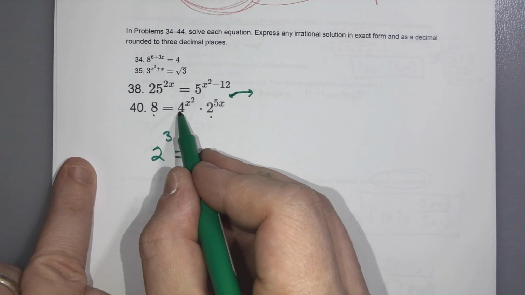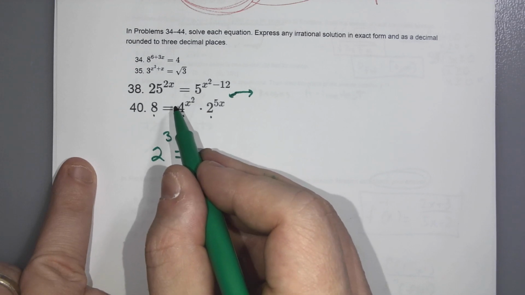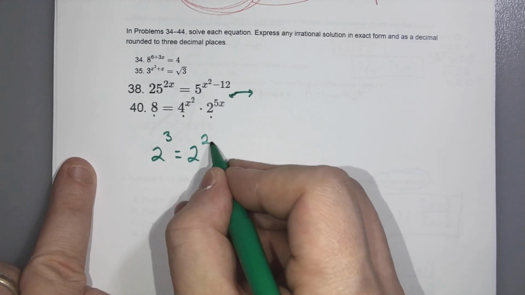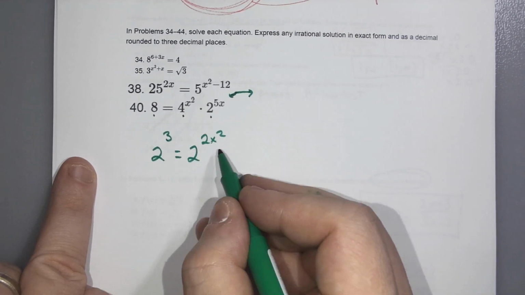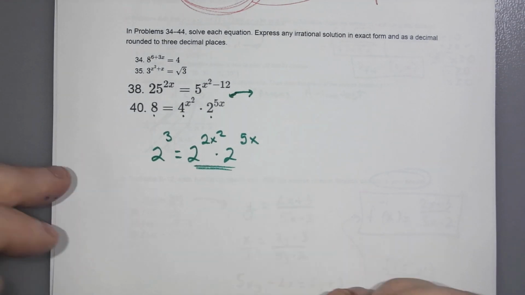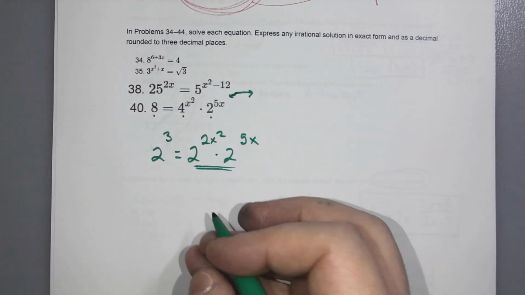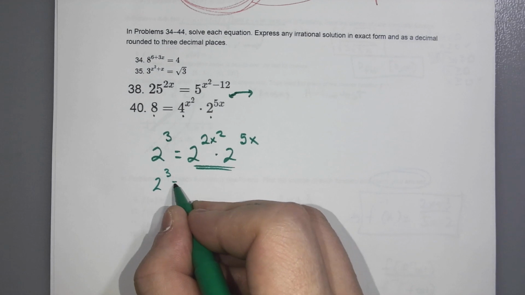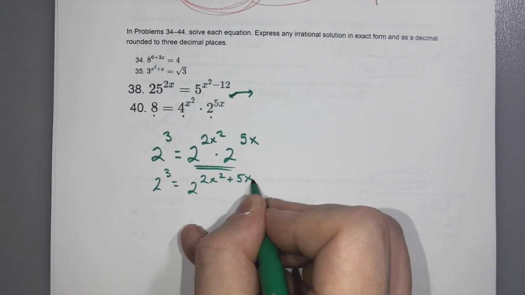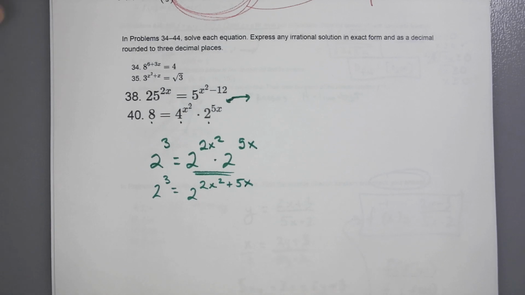What is 4? 2 squared. But that's to the x squared, so we have 2 to the 2x squared, and then 2 to the 5x. Now combine. 2 cubed equals 2 to the 2x squared plus 5x.